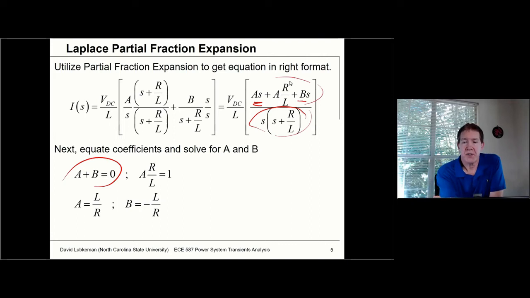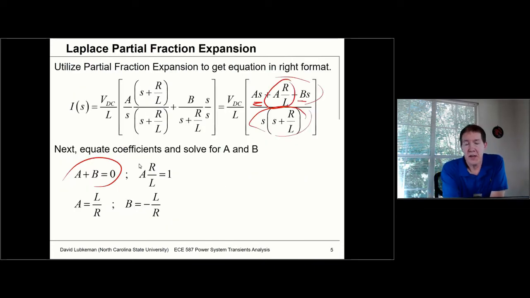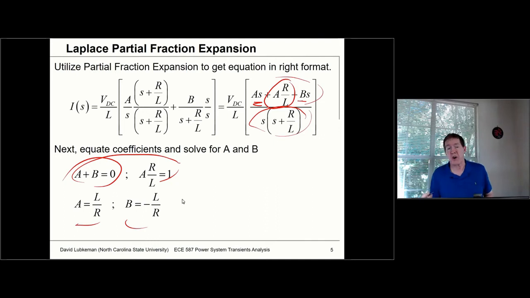As far as the constant term in the numerator, A times R over L, that has to coincide with 1. So A times R over L is equal to 1, and I've got basically two equations and two unknowns, which I can use for solving for A and B. In this case, A is equal to L over R, and B is equal to minus L over R.